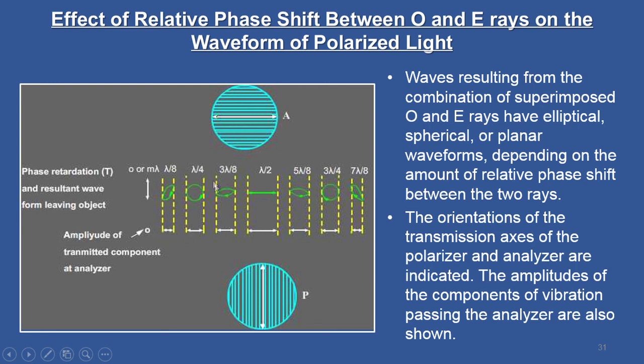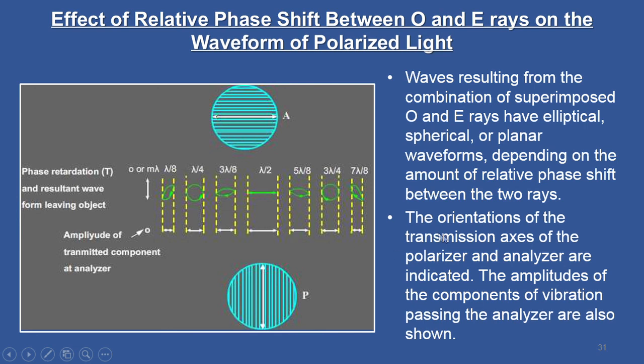Lambda by 4 produces a different level of amplitude, and 3 lambda by 8 produces again a different one, and you see that lambda by 2 produces the maximum amplitude at the analyzer.